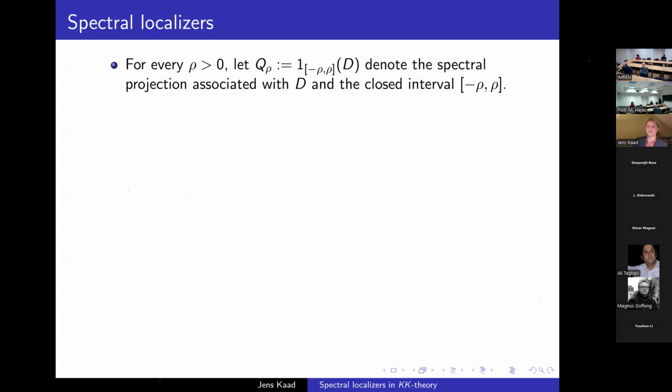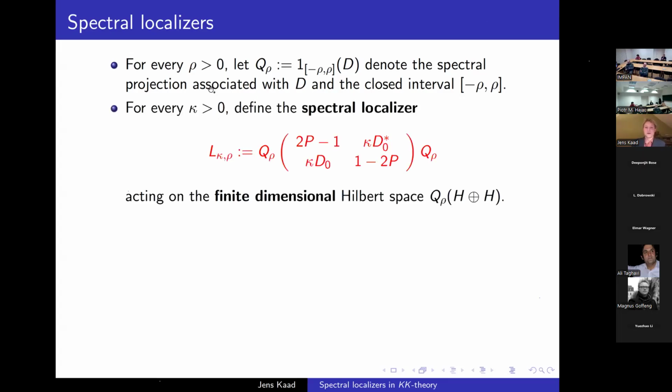And here's now the definition of the spectral localizer. I take another parameter, kappa, which is also strictly greater than 0. First of all, I look at this 2 times 2 matrix.